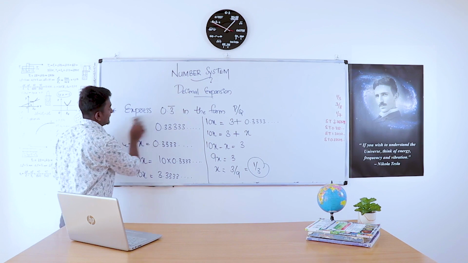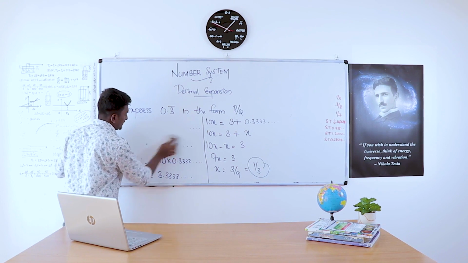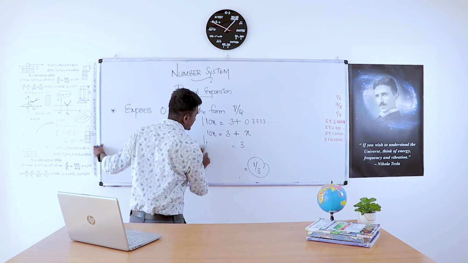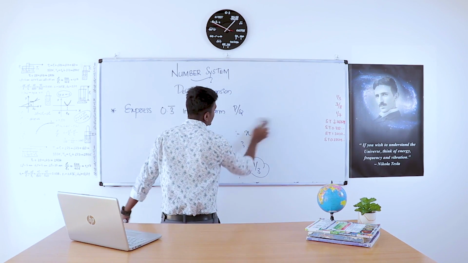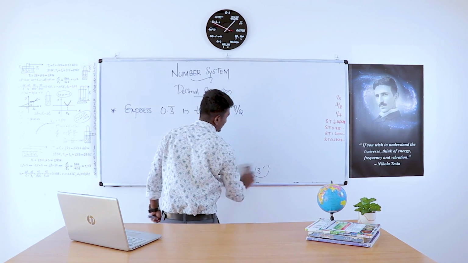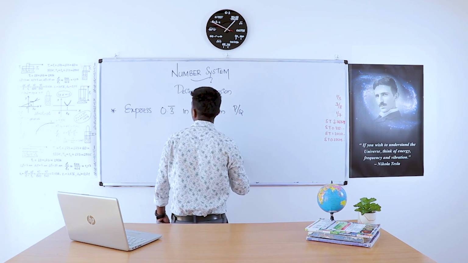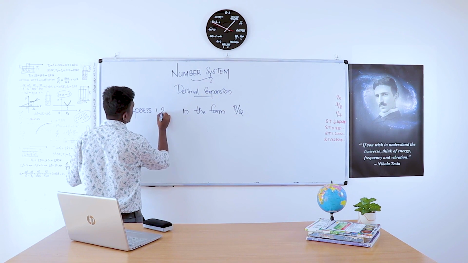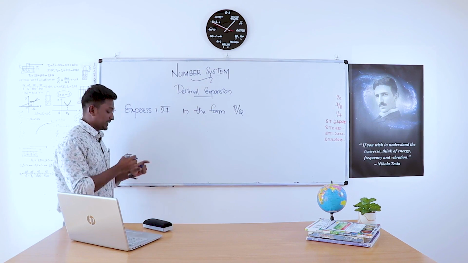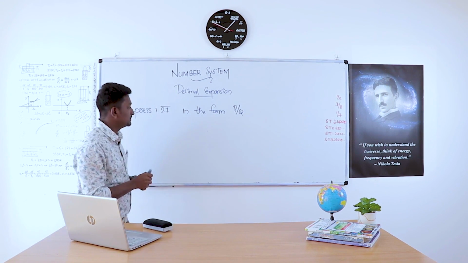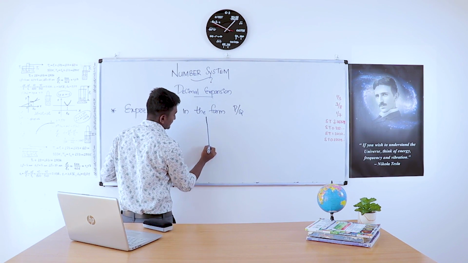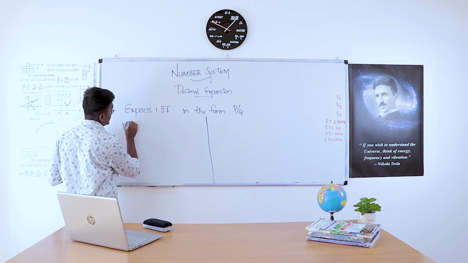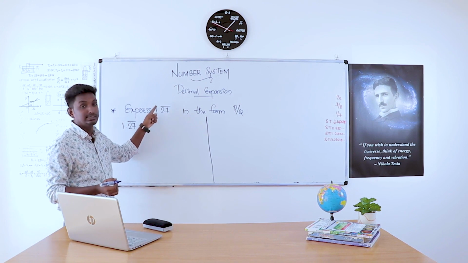Okay, now look at another question. Express 1.27 bar in the form P by Q. Listen carefully. 1.27 bar can be written as, here the bar is above 2 and 7.